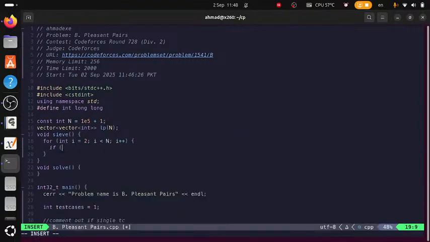So one thing to understand is that we can actually go through the mask, right?